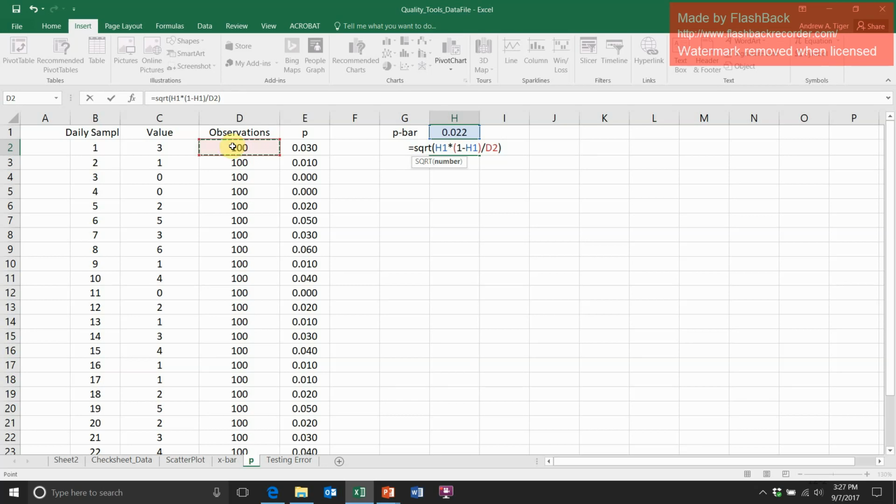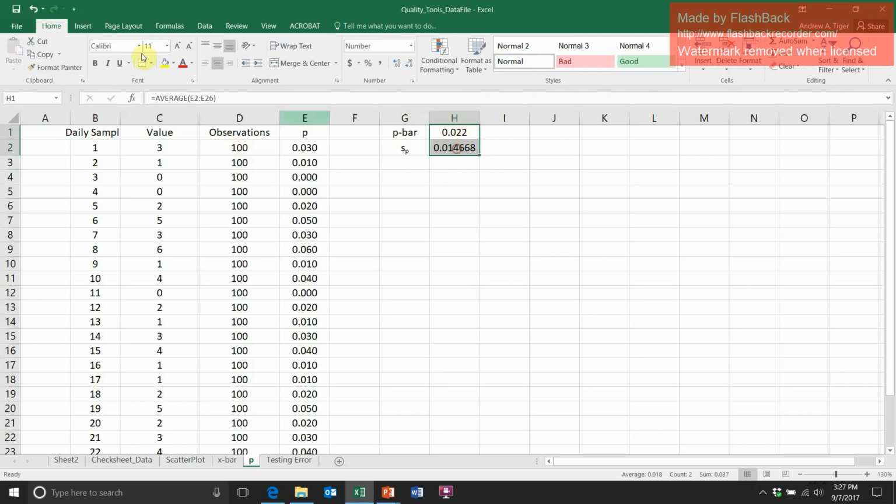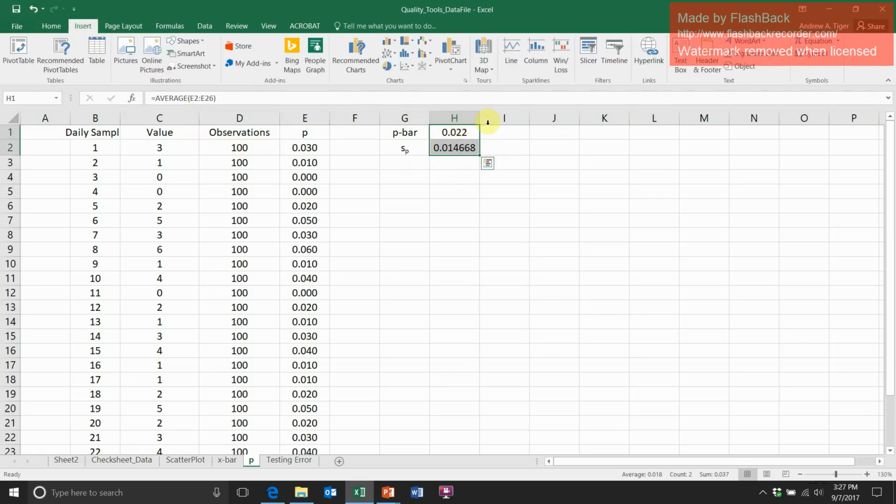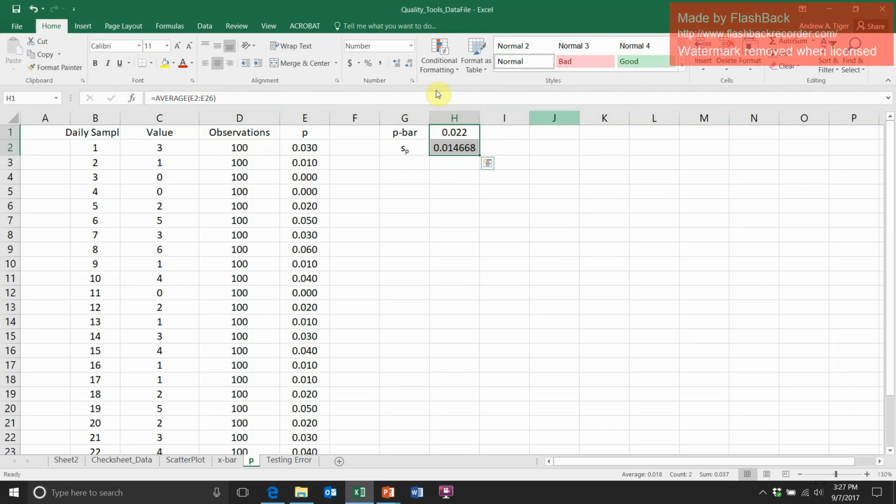It may not be for future problems. And that's the standard deviation of the proportion. I don't probably need to show these. Let's just show 3 decimals.